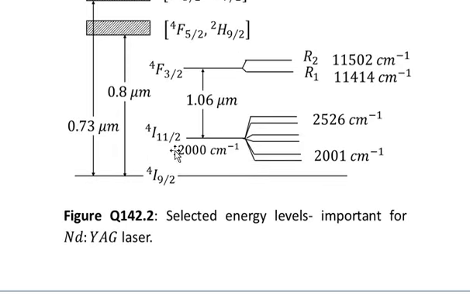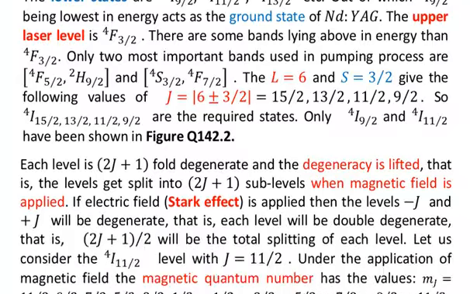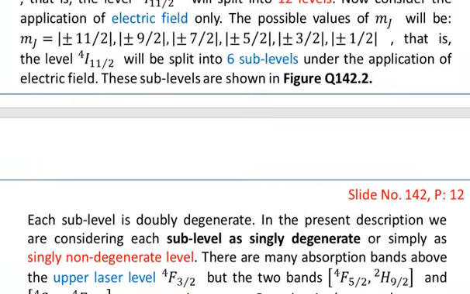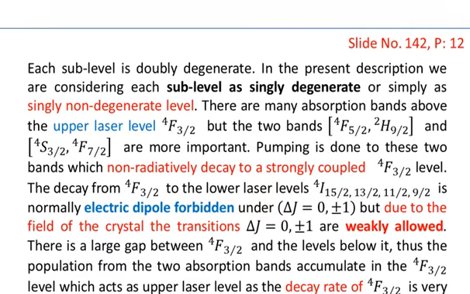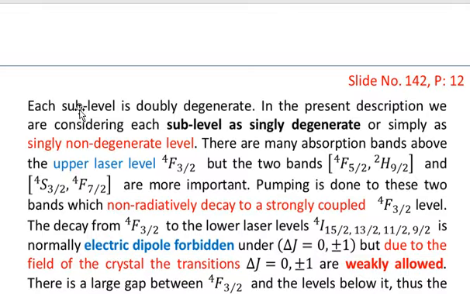So I have shown over here only that 4I11/2 will be split into these 6 sub-levels. Each sub-level is doubly degenerate. That is, the plus J value and the minus J value have the same energy.